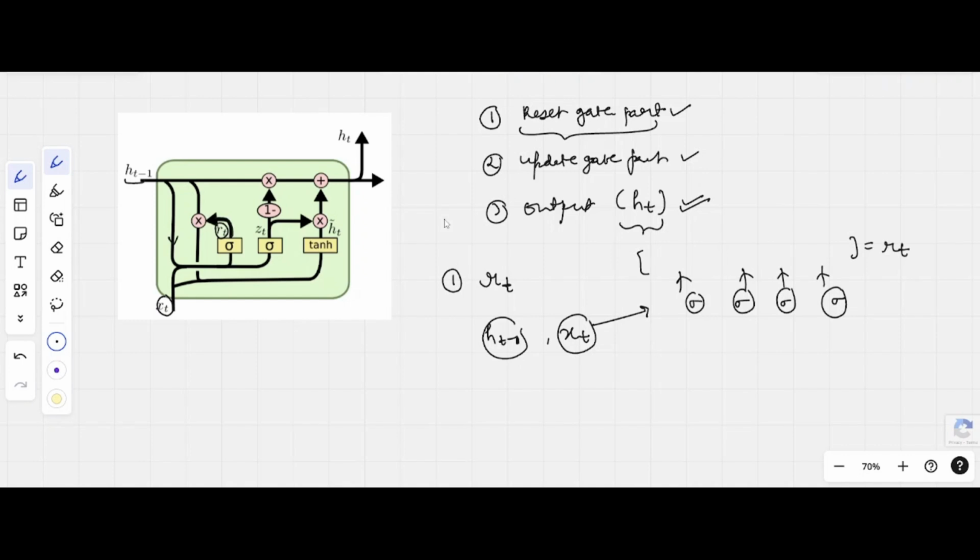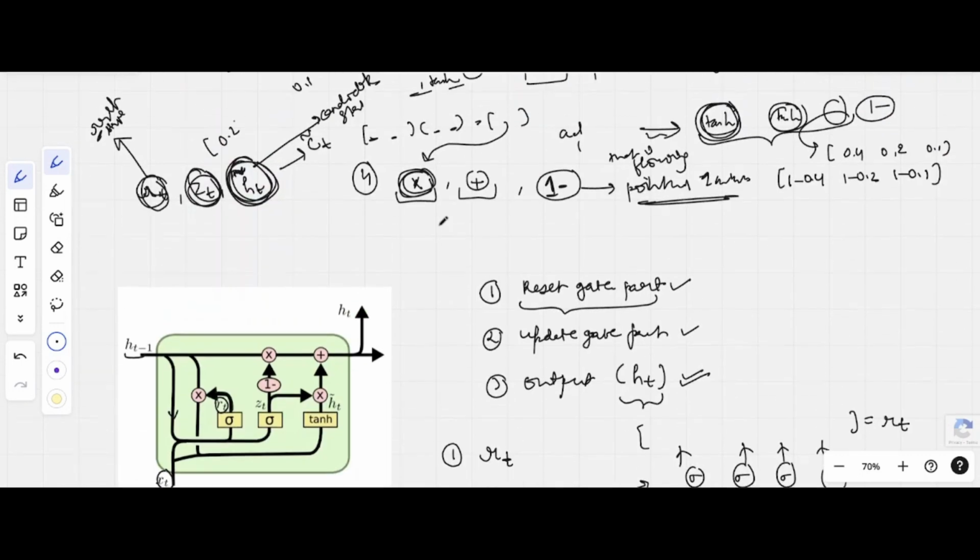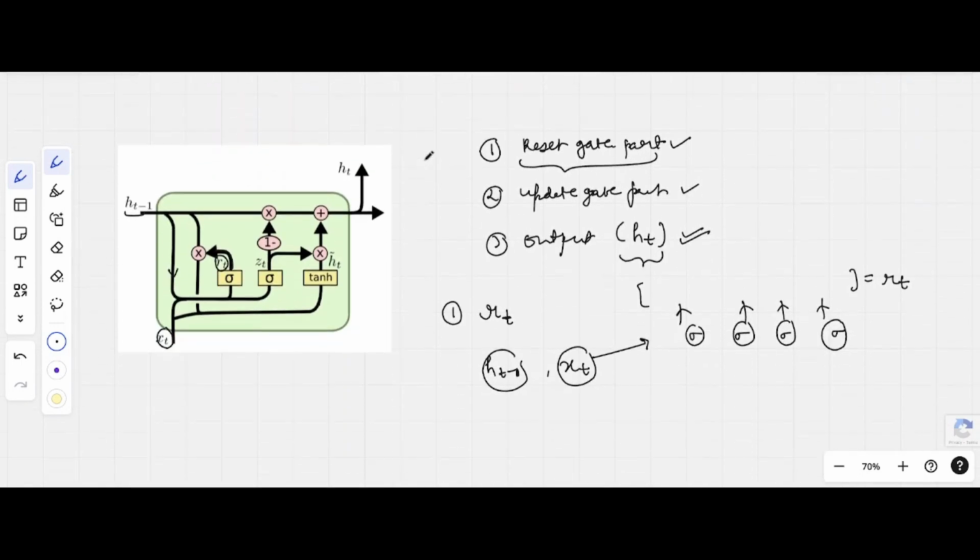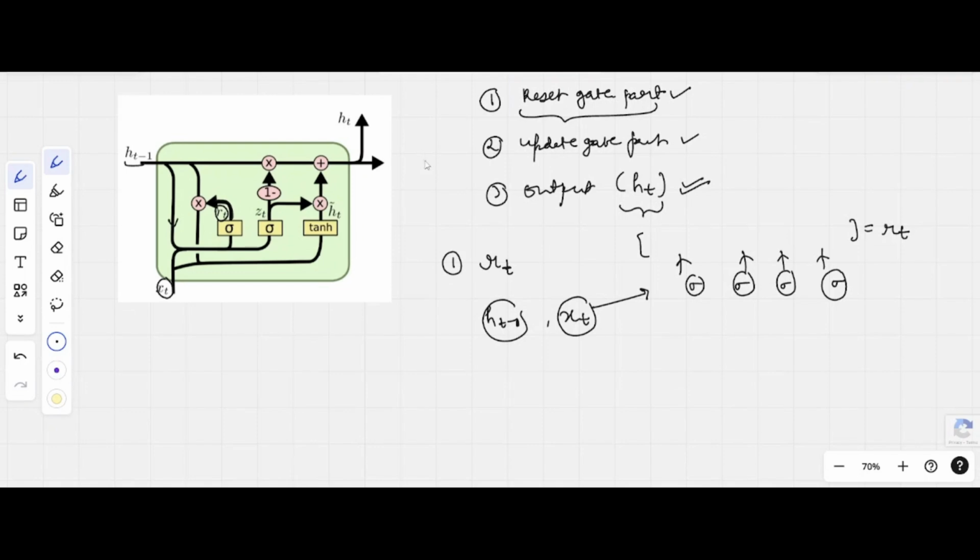Now, I think we left the assumption part here, and that is how these dimensions and these neural nodes are decided. So every vector that you see in this architecture except the XT, whether it's HT minus 1, HT, H tilde T, ZT, or RT, will have the same dimension.